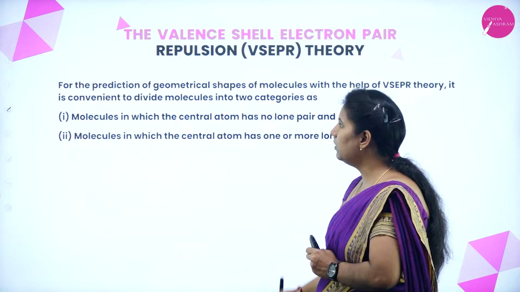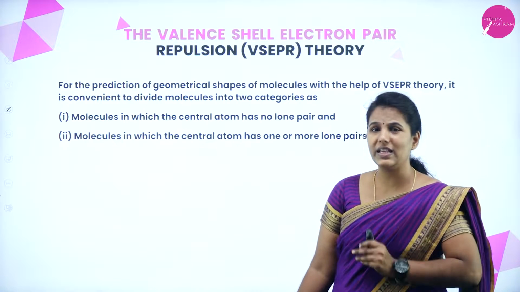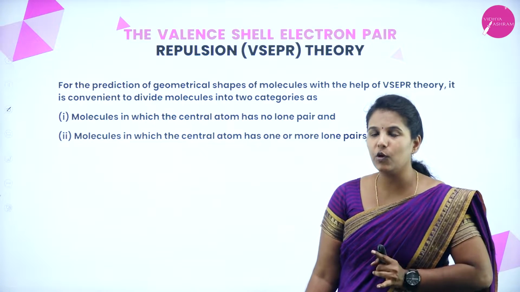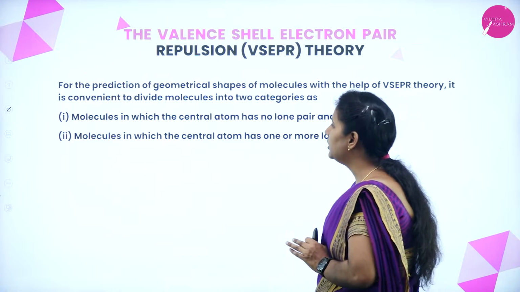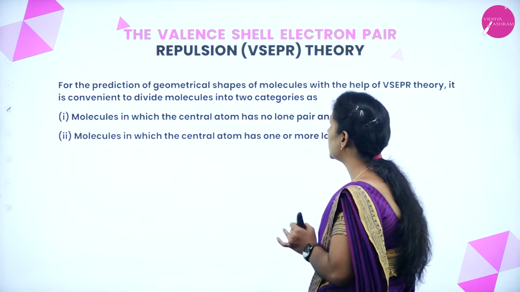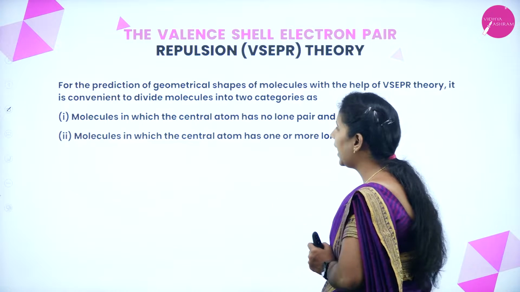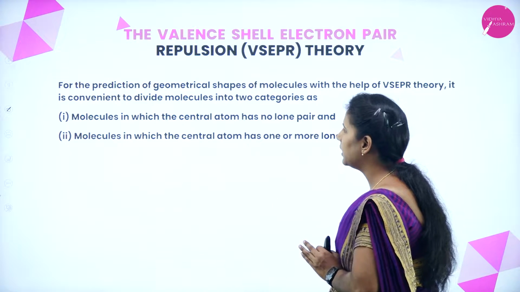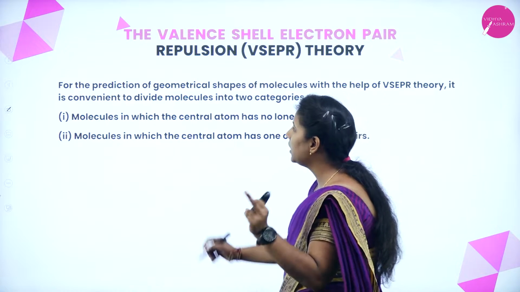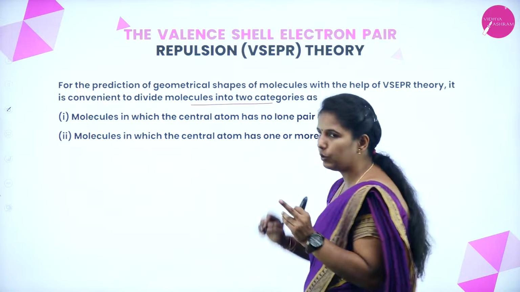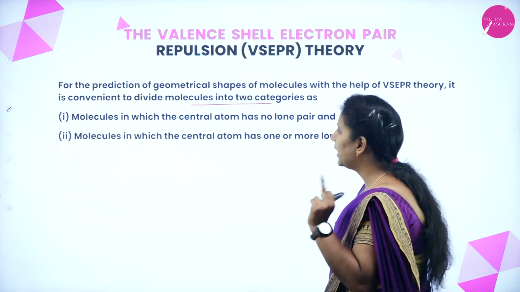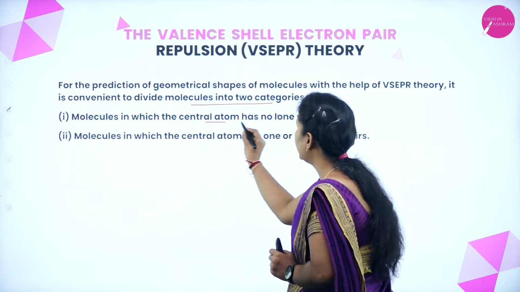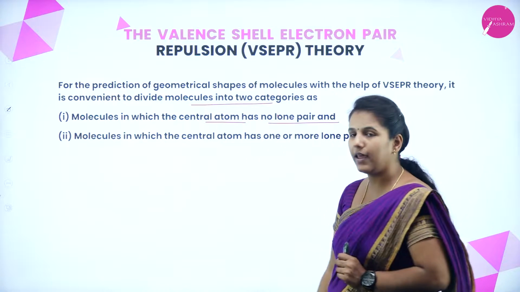Now, let's see how we can easily predict the shape of a molecule by using VSEPR theory. For the prediction of the geometrical shape of a molecule with the help of VSEPR theory, it is convenient to divide the molecules into two categories. The first is the molecule in which the central atom has how many lone pairs of electrons?